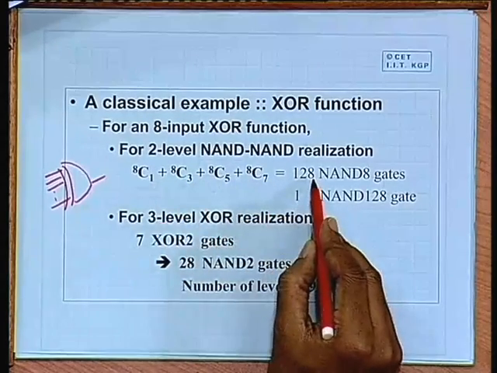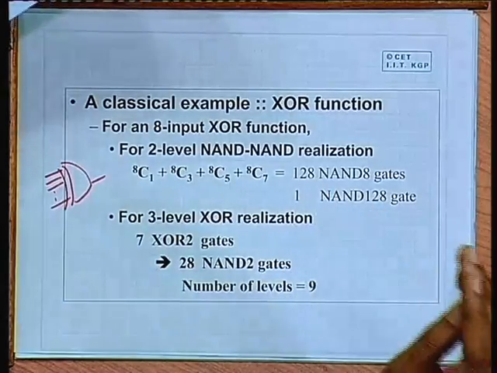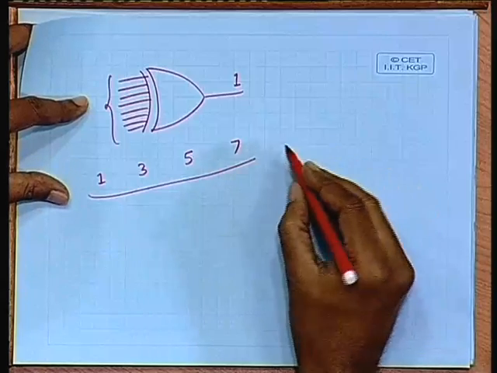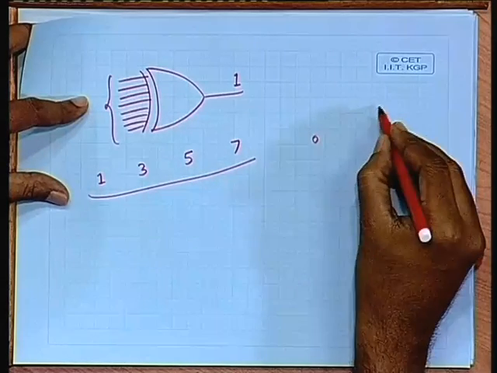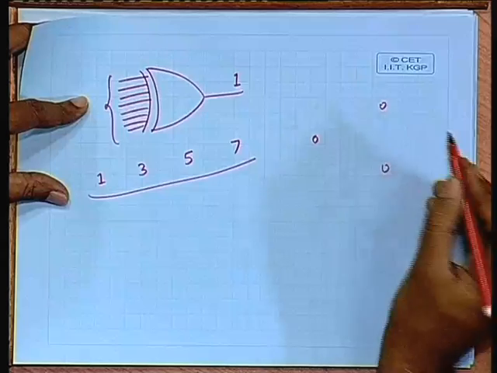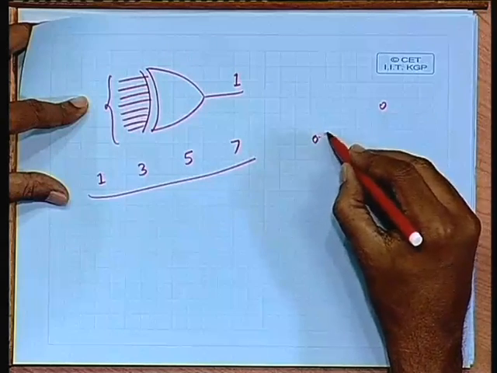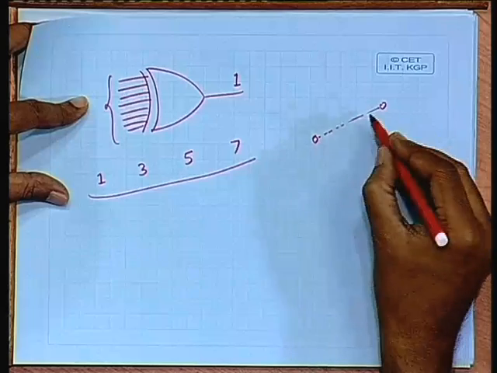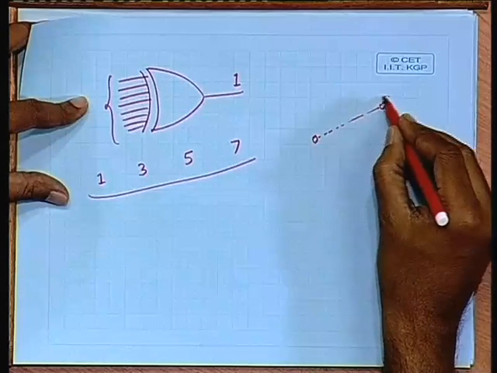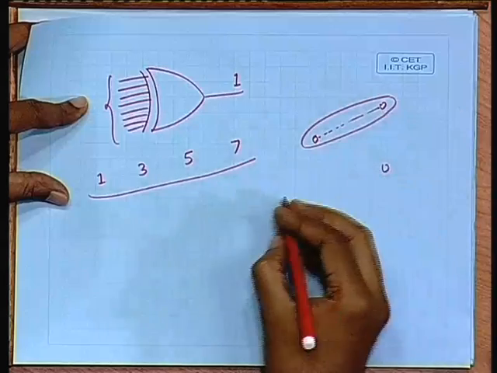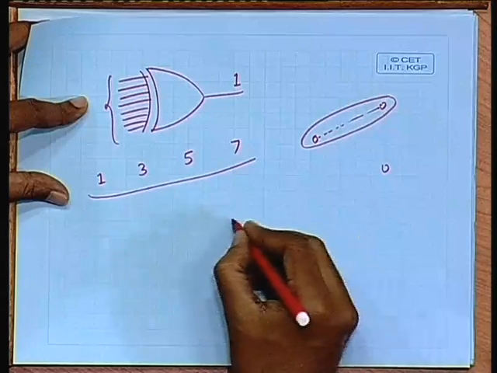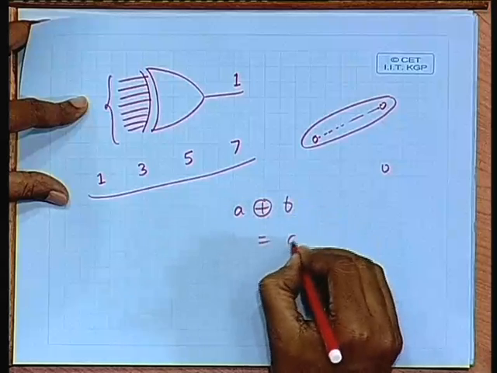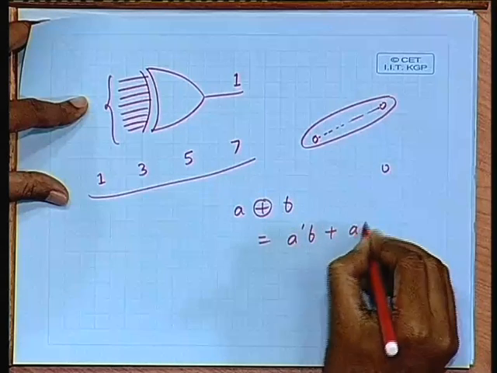This makes 128. Another thing is that one characteristic of this XOR gate is that the true minterms have a distance of more than 1, which means they are never connected by a single edge in the cube representation. If they were connected by an edge, they could have been combined in a cube. But for example, for a 2 input function, say A XOR B, the function says A naught B or A B naught.